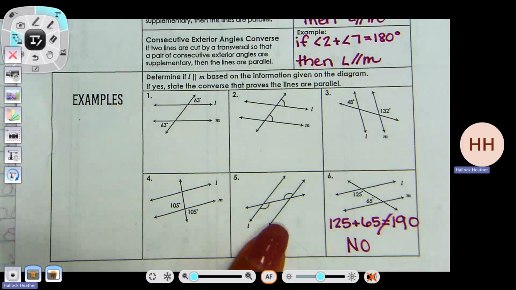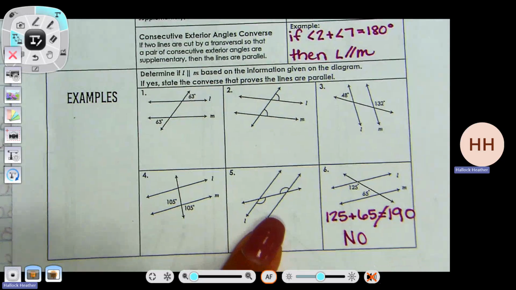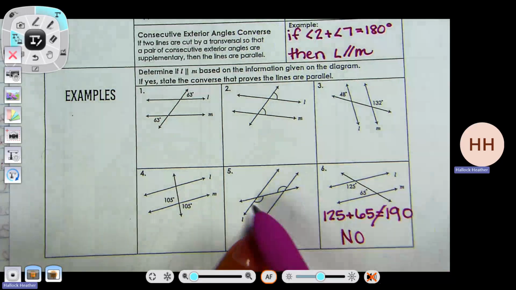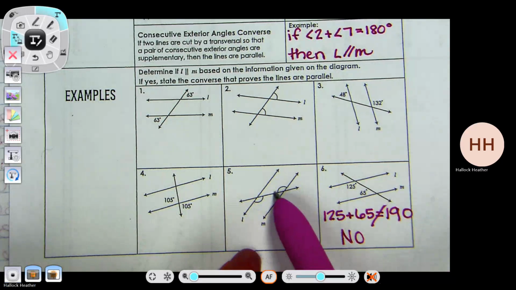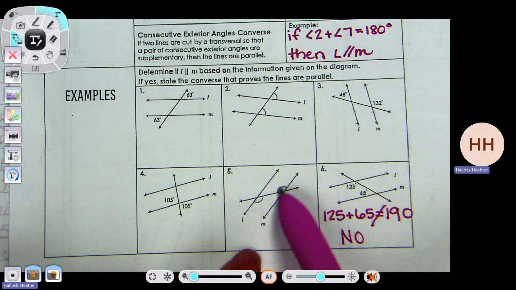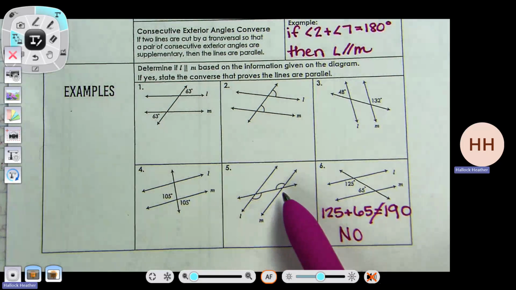Okay. Number 5, you have the little arc mark. Does anybody remember what the arc mark means? That means that they are congruent. So they're telling me this angle, whatever this is, if I knew this was 100, this would also be 100 degrees. So whatever's here is also here. So do we know they're congruent? Yes, because they're telling me the markings are congruent.